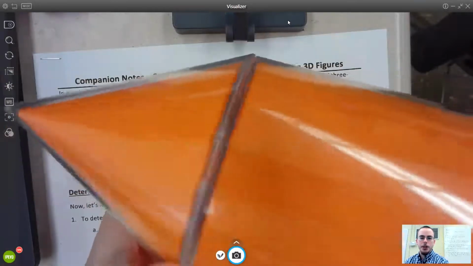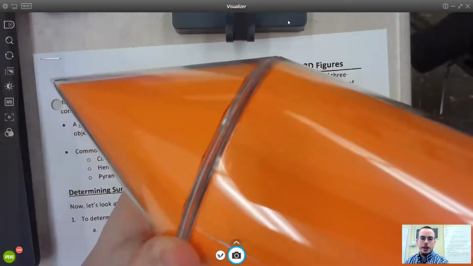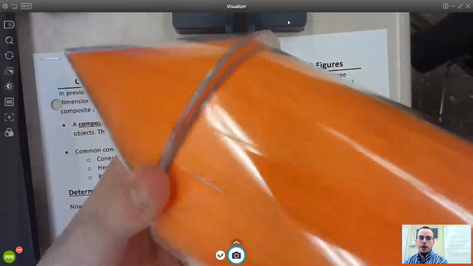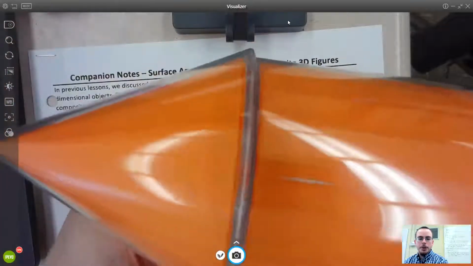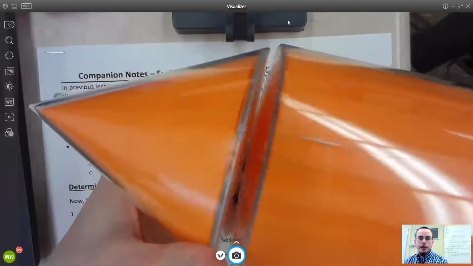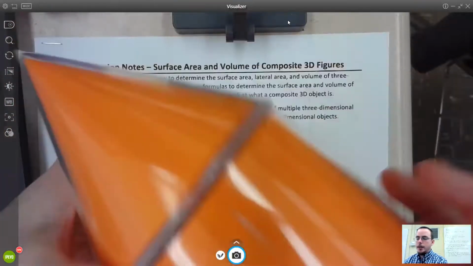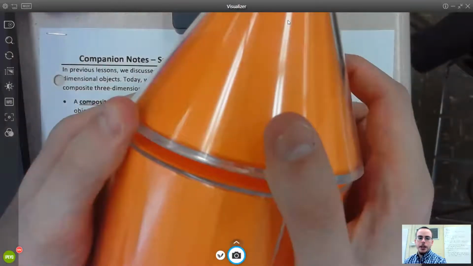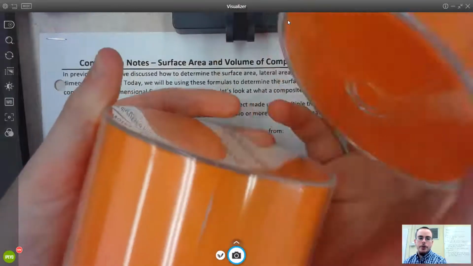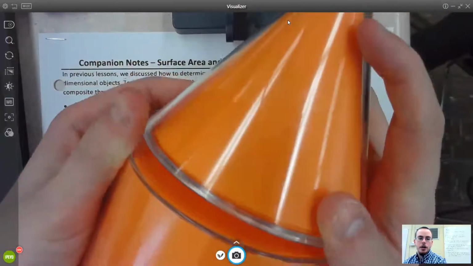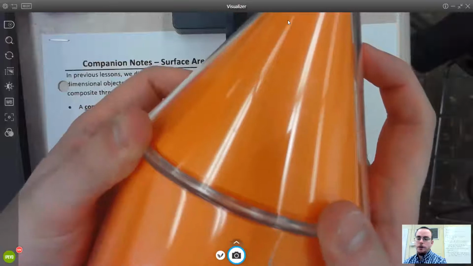You put them flush against one another, and they sit on top of one another just like this. Okay, so that would be a composite object. And as you can notice here, if I have the cylinder and the cone, I put them flush together on their base. So this is no longer part of the object itself.